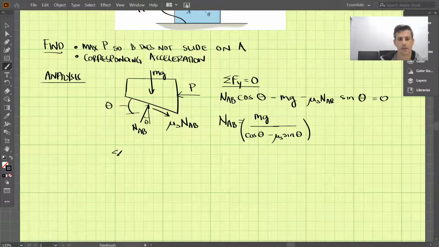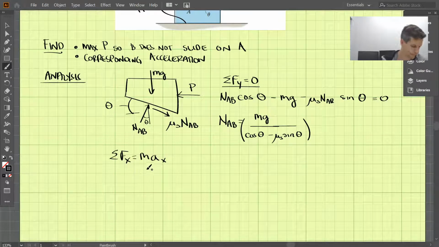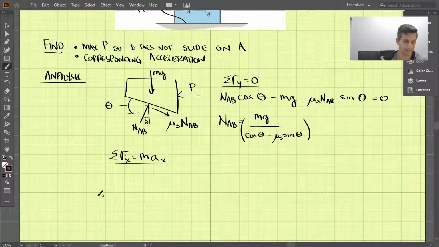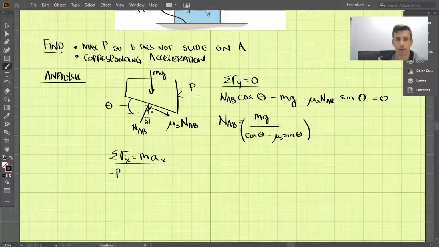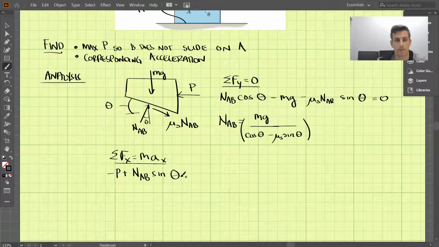And now let's take the sum of the forces in the x direction. And the sum of the forces in the x direction will be equal to the mass times the acceleration in the x direction. So doing that, we have P acting in the negative x direction, so that's negative P. And then the normal force here, the component of it will be acting in the positive x direction, NAB, and that should be sine theta.